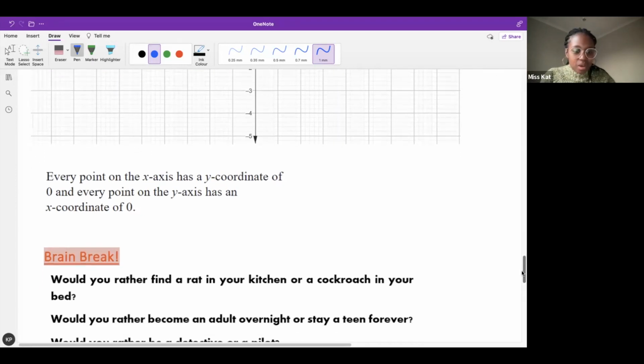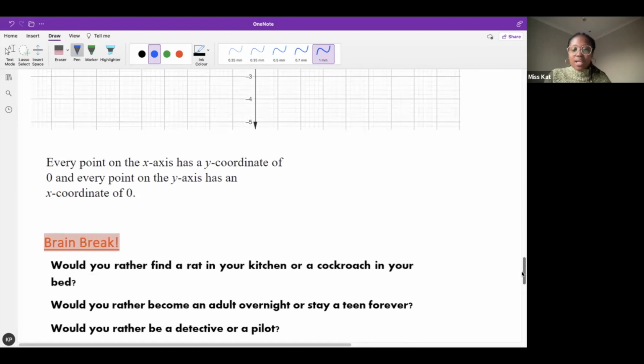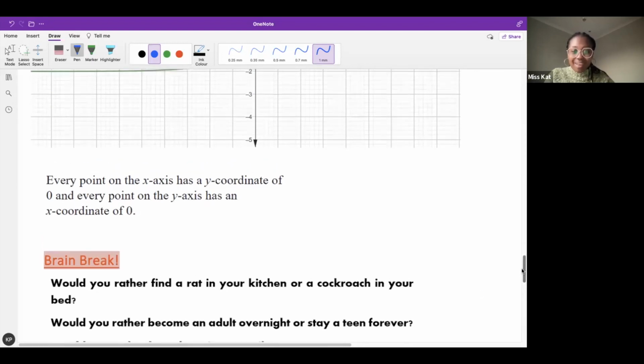Okay, let's see. Would you rather become an adult overnight or stay a teenager forever? Forever, guys. Guys, let's not talk about cockroaches that can fly. You guys are stressing me. If a cockroach starts flying, my heart's gonna stop. You guys want to stay teenagers forever? Mkata was like, nah, I want to be an adult. No, you don't.